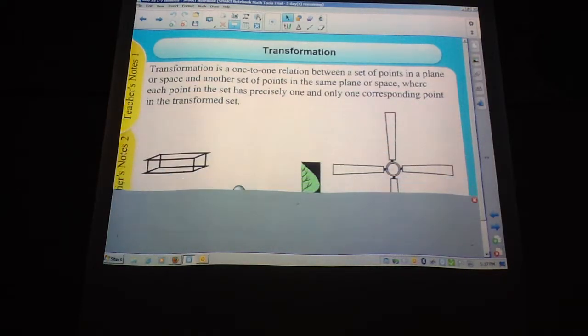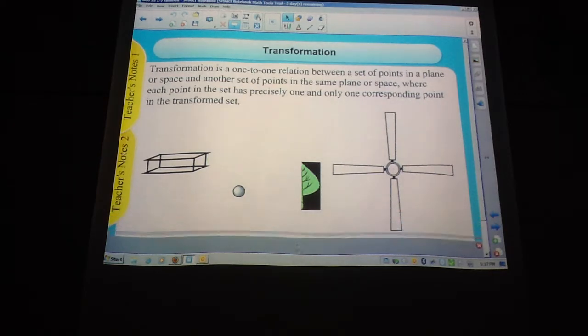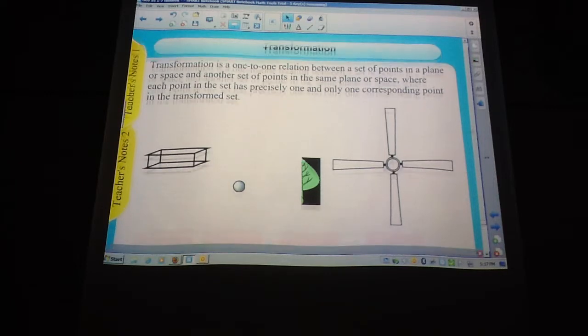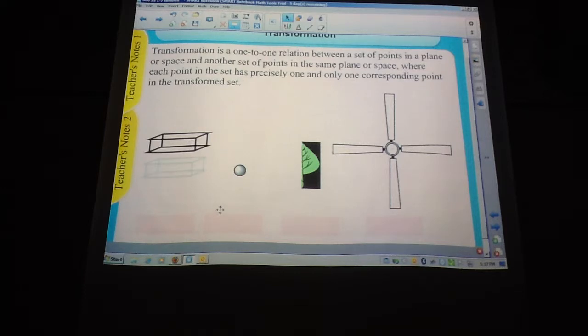Let's see what else is on this page. I developed this page so we could talk about some of those transformations. Draw this down real quick. If I click on this box here, then another box appears.